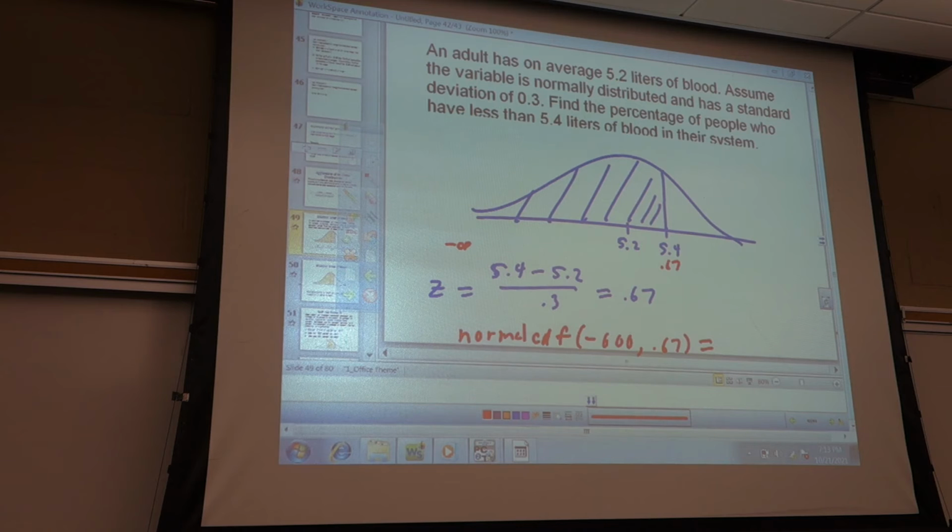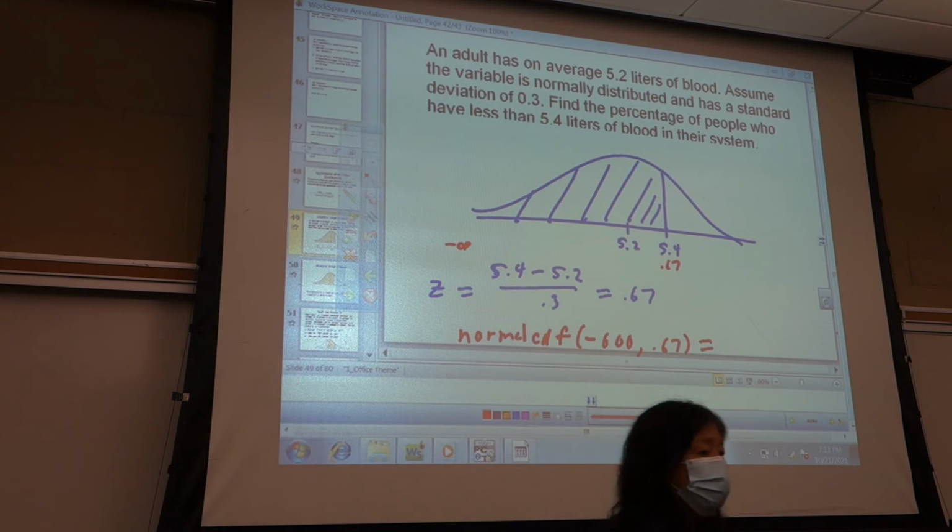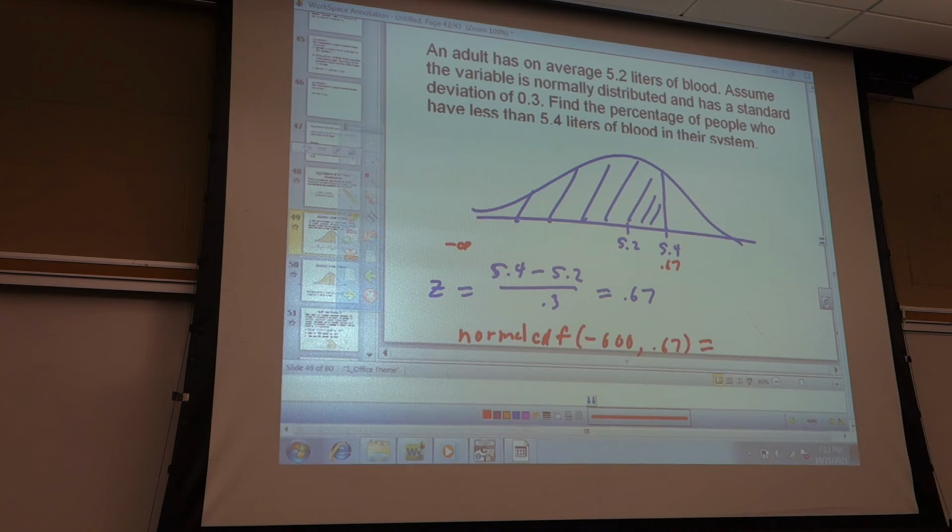Draw your picture, put in your values, find the z-score for each value, and then do normal CDF.